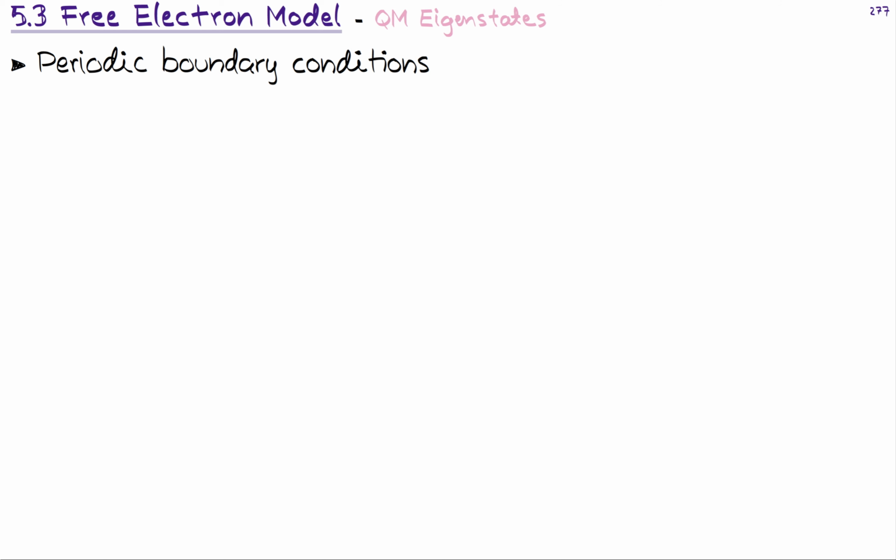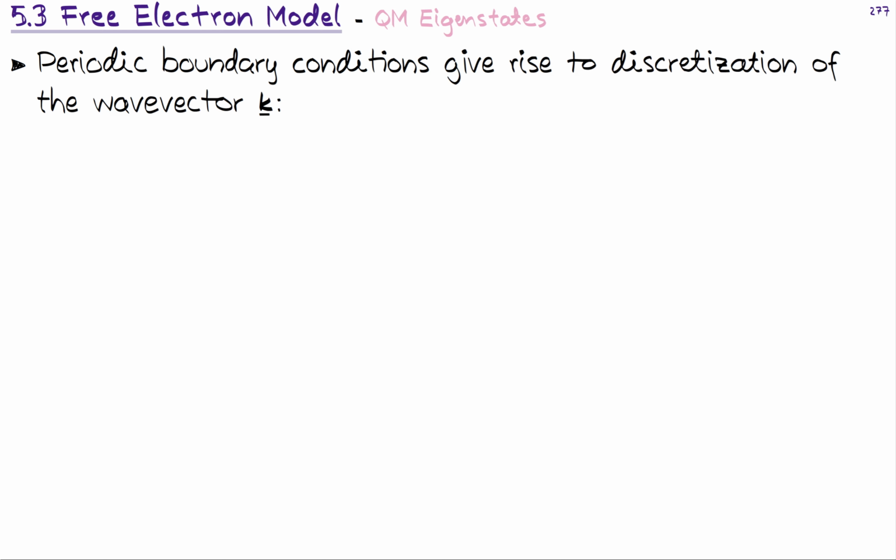So what the periodic boundary conditions do is that, in essence, they discretize the energy states, and they also discretize the wave vector directions into which our electron can go. So k in a Cartesian basis can be described by its components kx, ky, and kz.